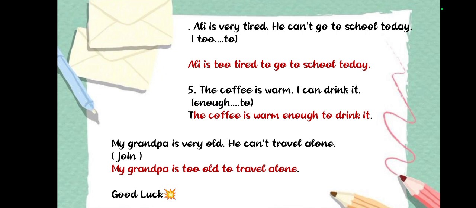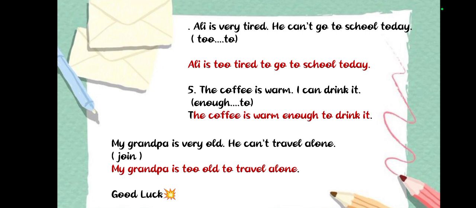Let's go for the third one. My grandpa is very old. He can't travel alone. If I tell you he can't travel alone, of course here if we see can't, I mean negative, so we're going to use too. If in the exam I give you this, you're going to choose too or enough.